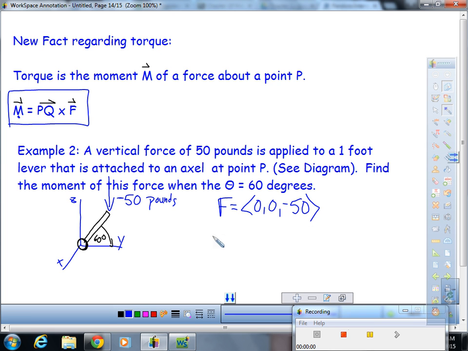So we'll just call this PQ because that's what it's called in this little equation up there, so we'll kind of learn how to use it. All right, well, if we look at our lever, it doesn't come out at all in the x direction, so it has no i component.